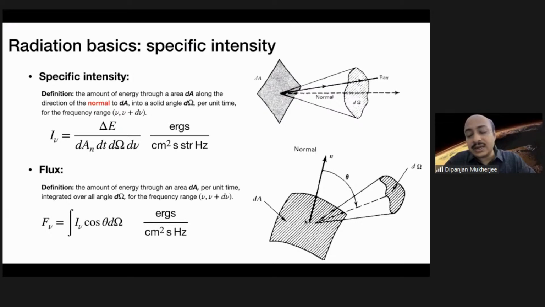But the intensity along a given particular direction, when we want to find the total energy, we must recast this area dA towards a normal component along this particular direction. So that is why we have to consider dA cos theta. So while integrating over all the solid angles, we have I_nu cos theta d omega. So integrate over all solid angles. So the units of the flux is ergs per centimeter square per second per hertz.